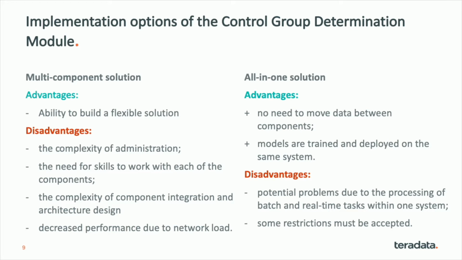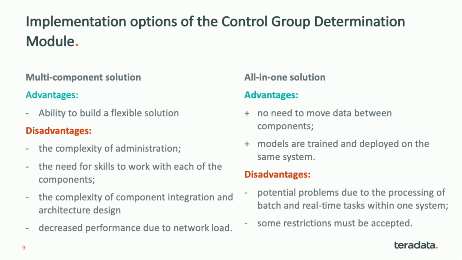Also, using multiple components in a single solution makes integration complicated. Where and when to train the model, how to apply the model, what is the best approach to bring data to the machine learning component. We must answer these and other questions and not make a mistake. But what about the all-in-one solution? Its advantages lie in eliminating the disadvantages of the multi-component solution.